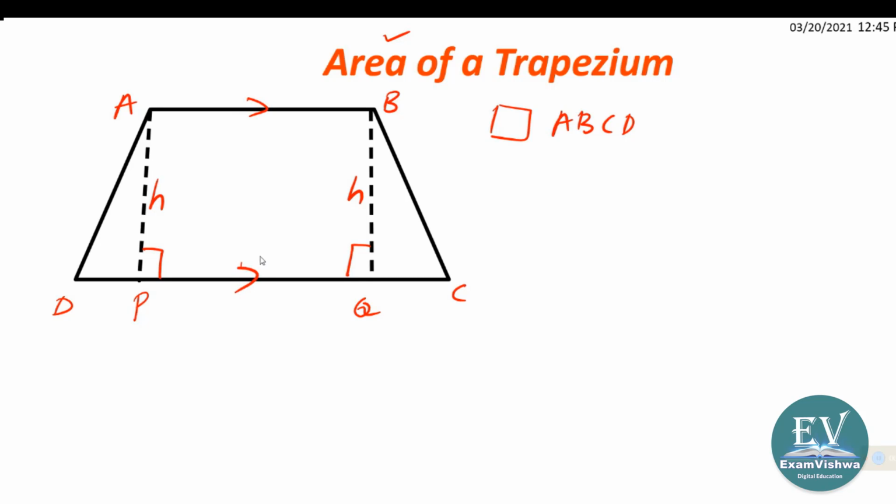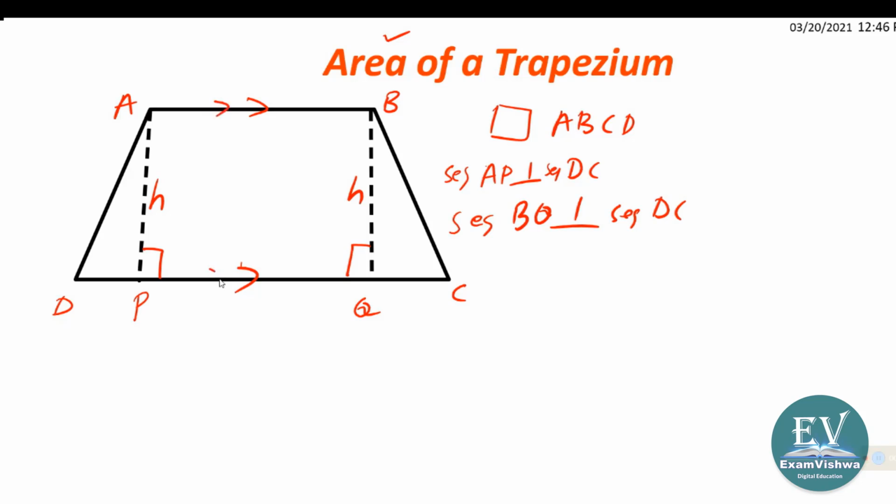Another interesting thing, after drawing these two heights, something comes up. I just did AP perpendicular to DC, I mean the segment. Also I have done segment BQ, which is this one, perpendicular again to DC. This is the construction done, and something else happened here.